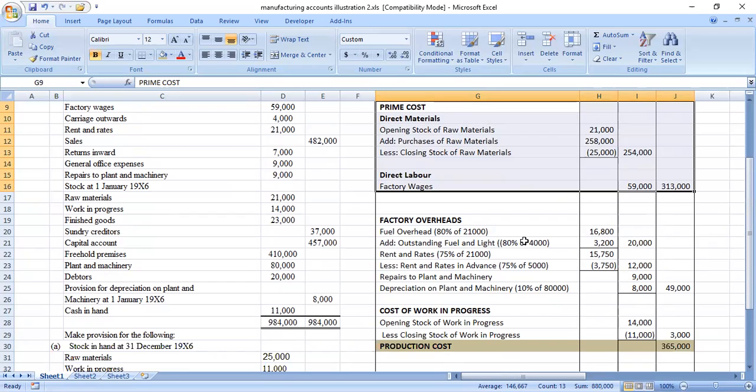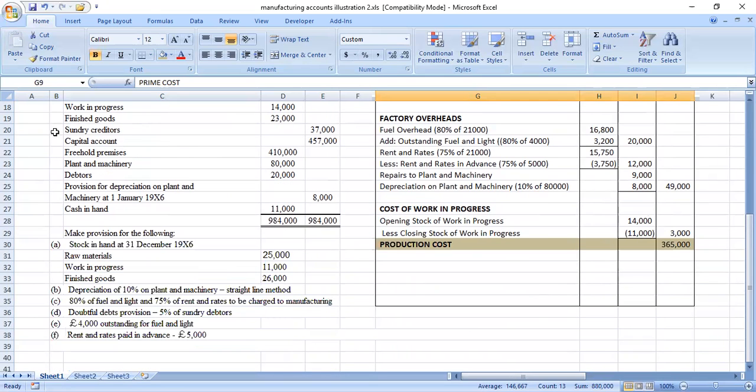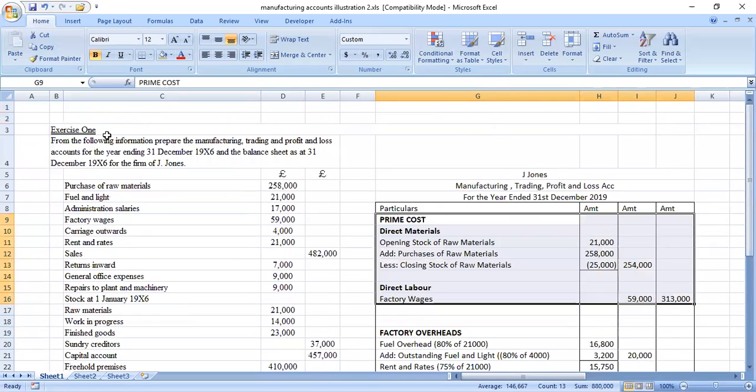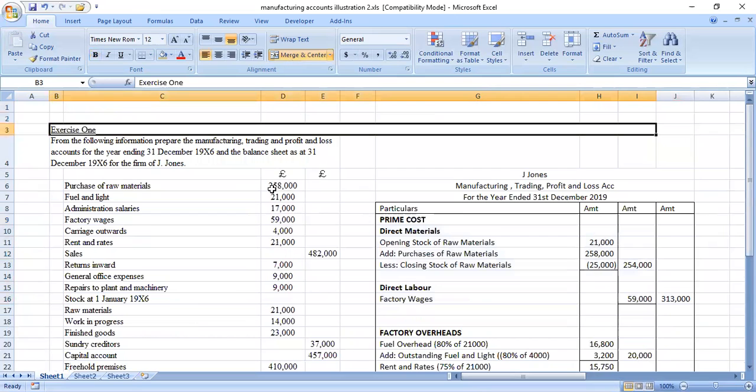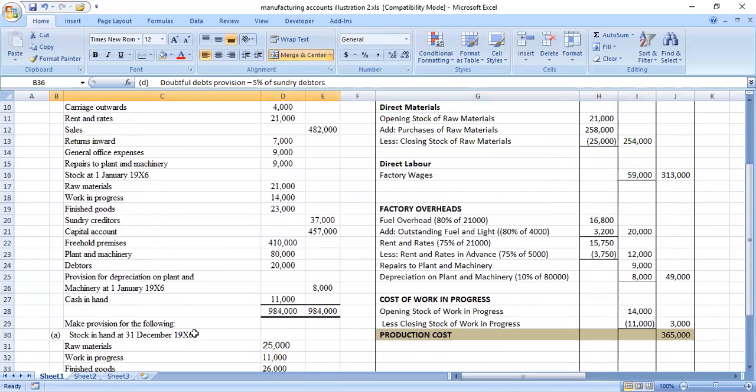Umeona vile tumezipata, si ndio? Plus work in progress. Then we proceed. Acha nivurute hii chini kidogo. Itawezekana kweli? We try.